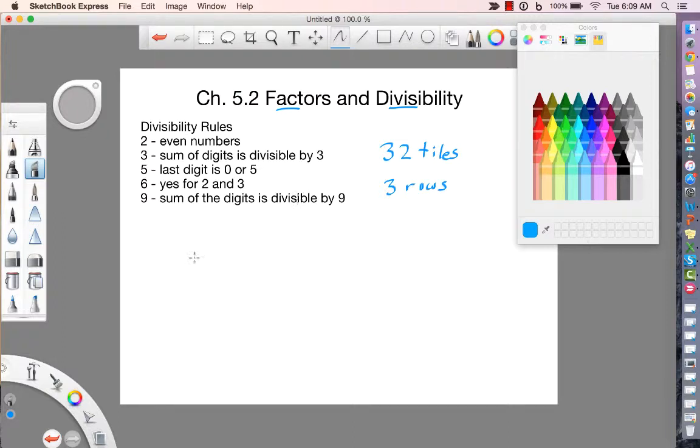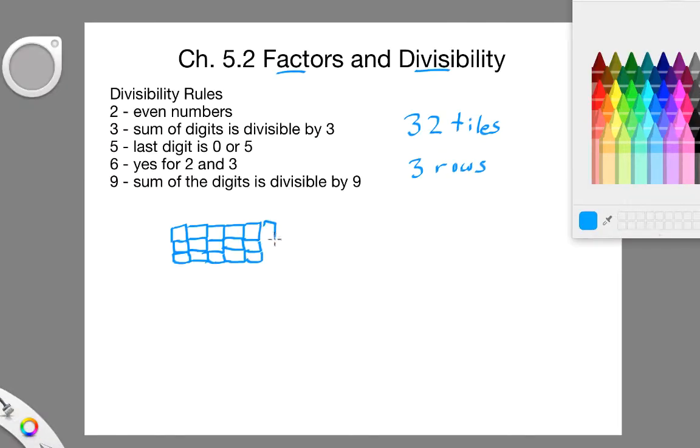We have grid paper there, and so we can just start putting rows of tiles and see what they add up to. 15, 16, 17, 18, 19, 20, 21, 22, 23, 24, 25, 26, 27, 28, 29, 30. Well, that's 30, and I'm trying to get to 32, and so if I add my 32, they stick out.